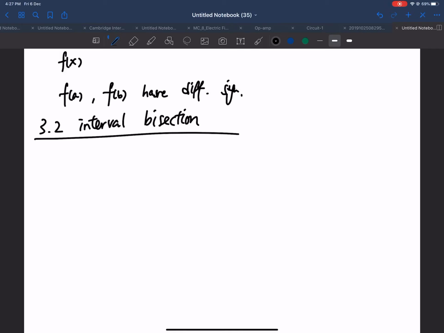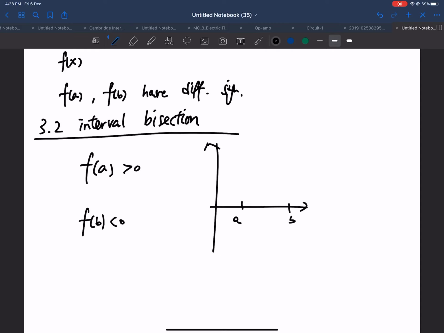If you have found a and b, let's say f(a) is greater than 0 and f(b) is less than 0. I roughly draw a graph like this. a is less than b. That means the graph should somehow look like this, and there's a solution here at the green point.